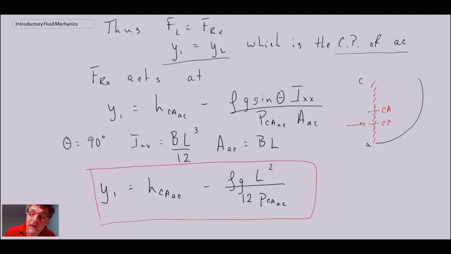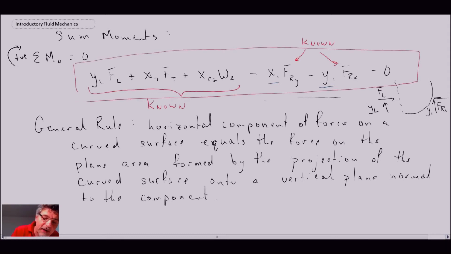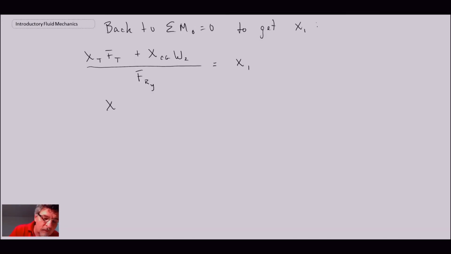Now what we will do is go back to our moment equation, the summing of the moments. So this equation here, and we're going to plug in what we now know in order to isolate, in this case, x1. So let's work that through. So we get the equation for x1, and we plug in the values.